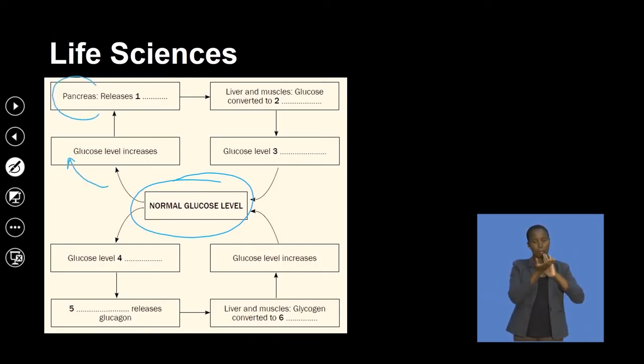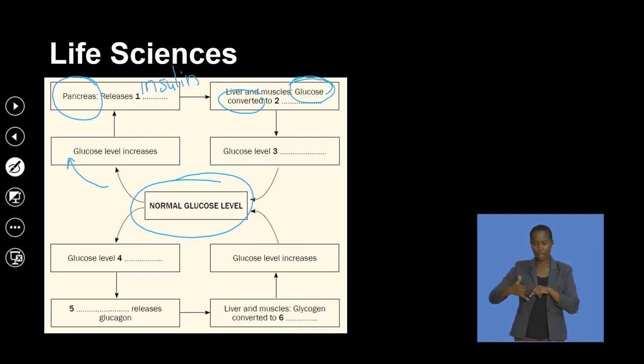The pancreas, an organ which picks up the stimulus, will need to release a hormone. And that hormone that it releases converts the glucose and stores it in the liver. So we know that the pancreas produces two hormones. The first hormone that it produces is called insulin. And insulin helps to convert the glucose and store that in the liver and muscles.